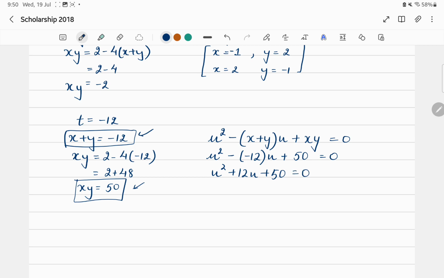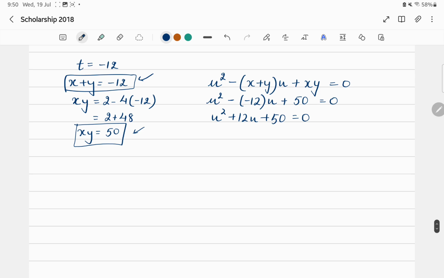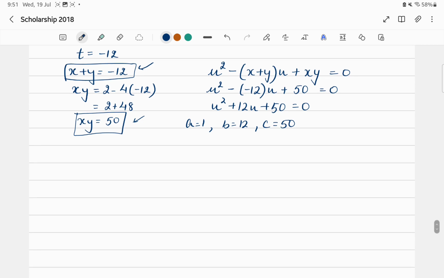Now why I'm doing this is that this will help me get the values of a, b, and c, and that way I can use the quadratic formula to find the two possible values of x and y here.